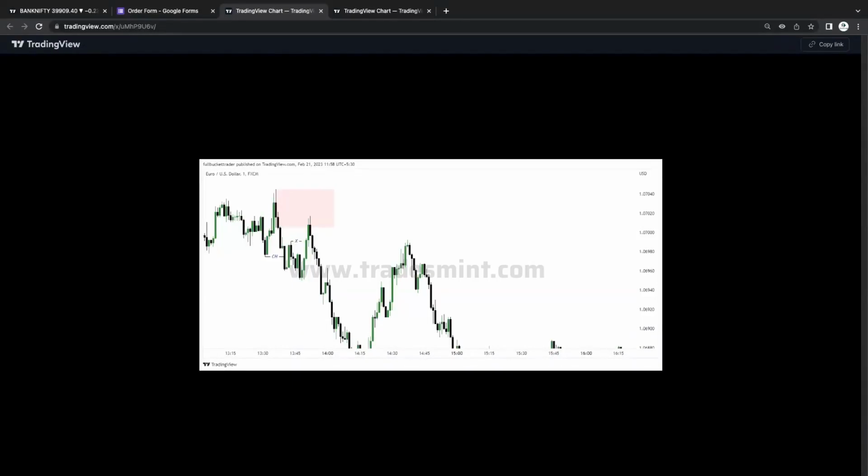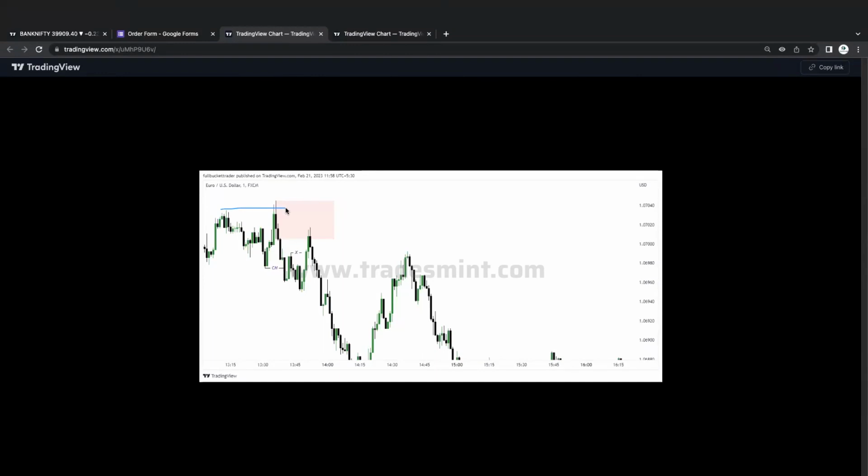If there is no IDM, then go to the higher time frame. Inducement must be before the buy or sell. Sweep, CHoCH, inducement, and sell. Perfect. Simple.